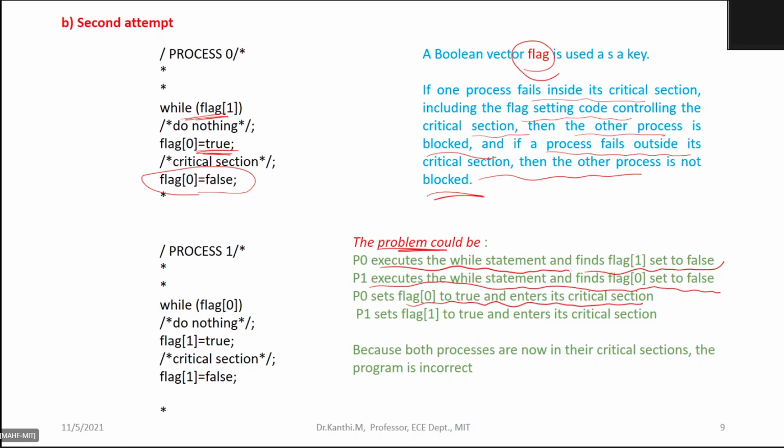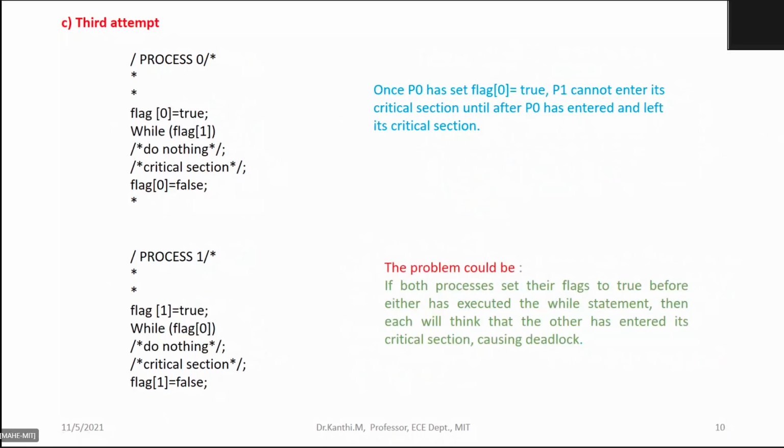That can happen. And then P1 sets flag 1 to true and enters its critical section. Because both processes are now in the critical section, something like a deadlock can happen. So this could be a problem in this particular way in which you write the code.